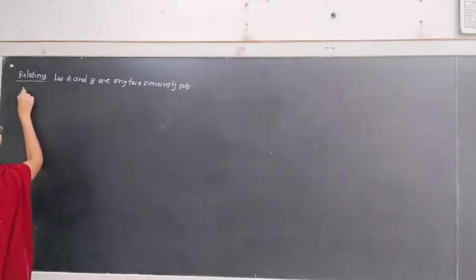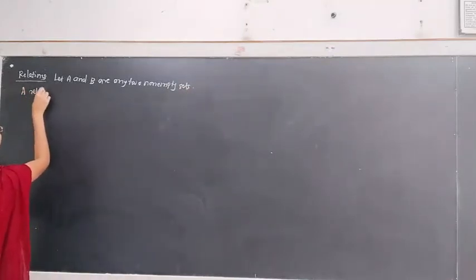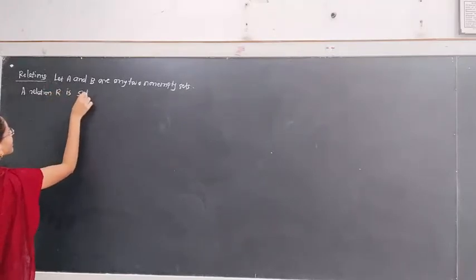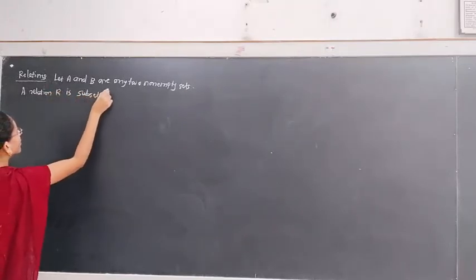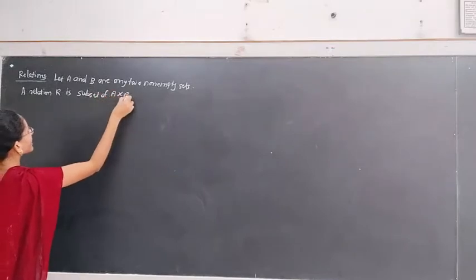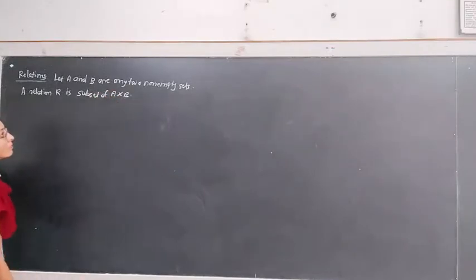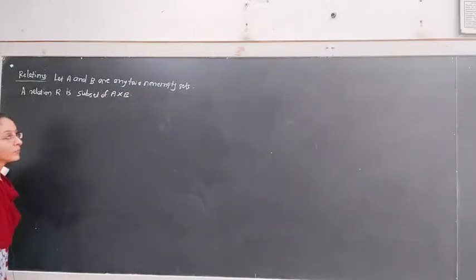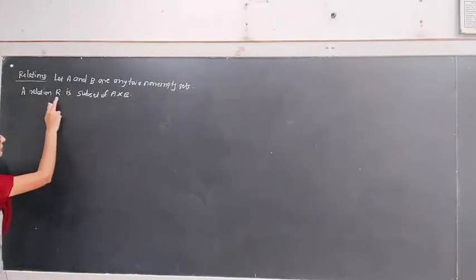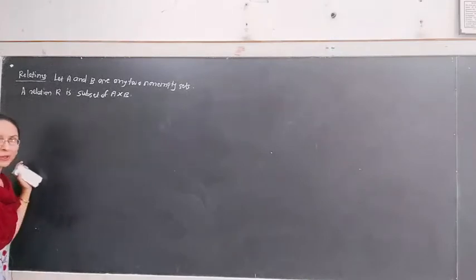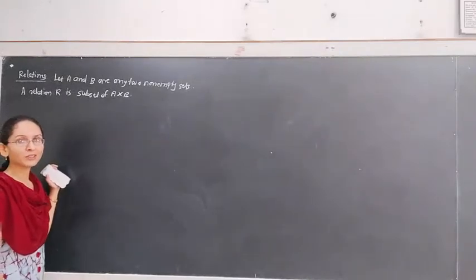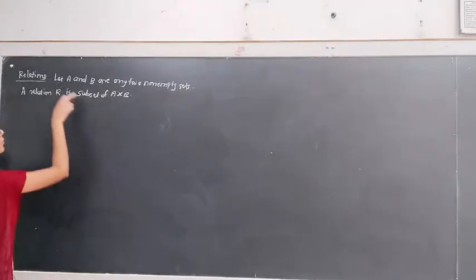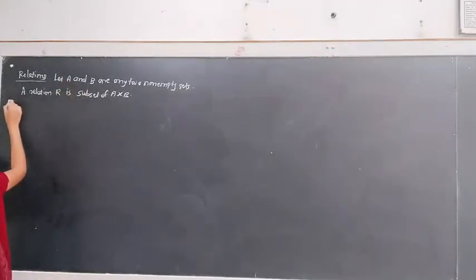A relation R is a subset of A cross B. First we find the cross product of A and B. Then we check whether the given set is a subset of A cross B or not. If it is a subset of A cross B, then we say that R is a relation from the set A to B.